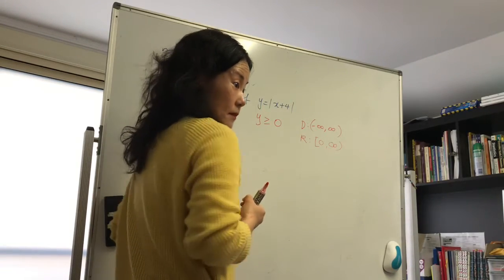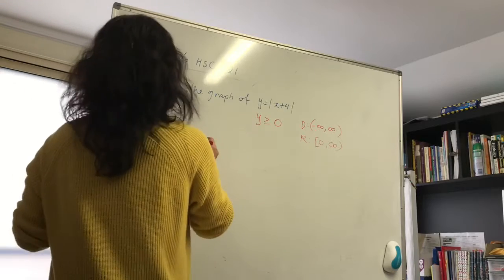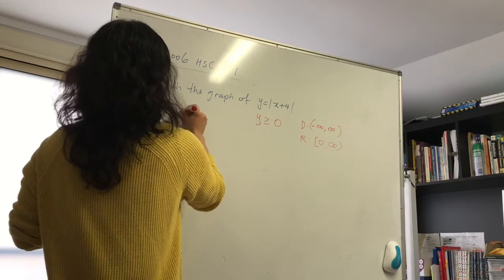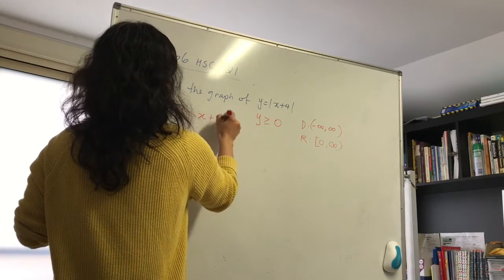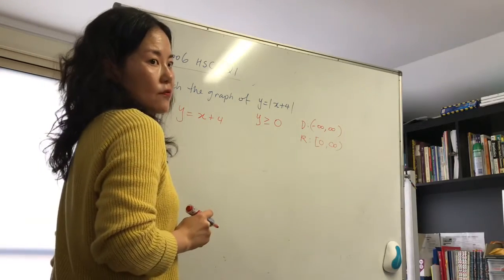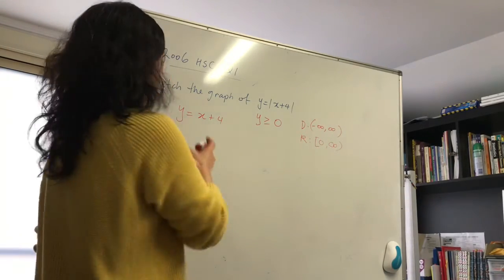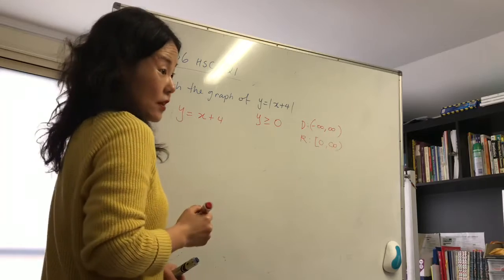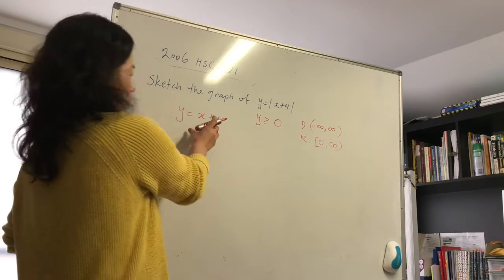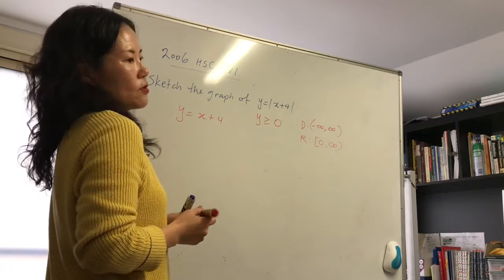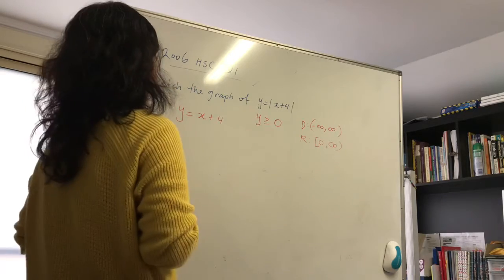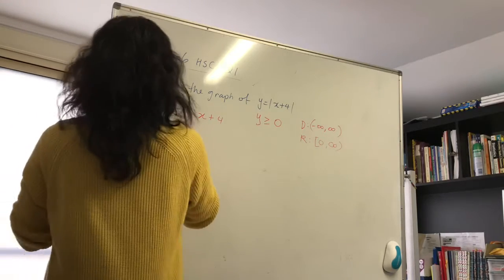Does that make sense? So when we do that, first thing you've got to do is sketch y equals x plus 4. This is a straight line. It's a linear function. So what's the first thing you have to do when you graph something? Yep, x-intercept and y-intercept. So let's have a look.